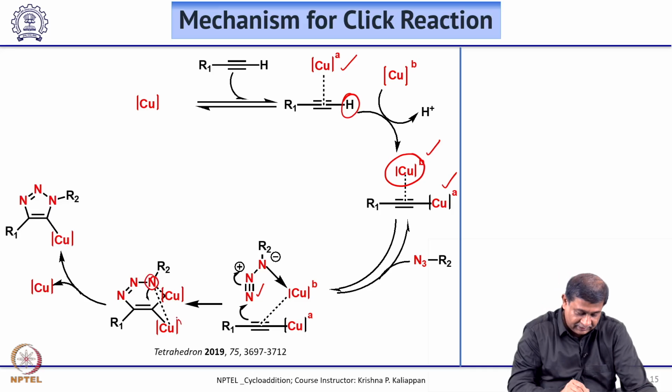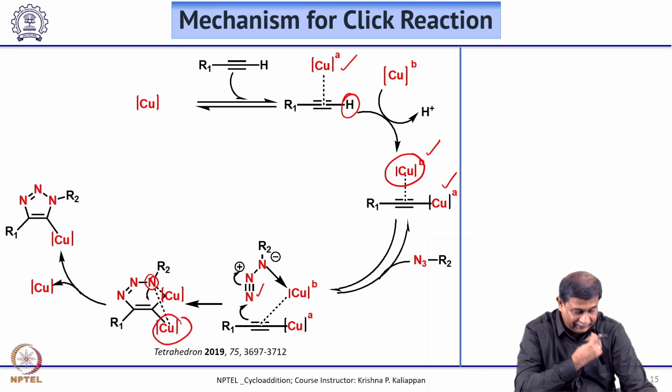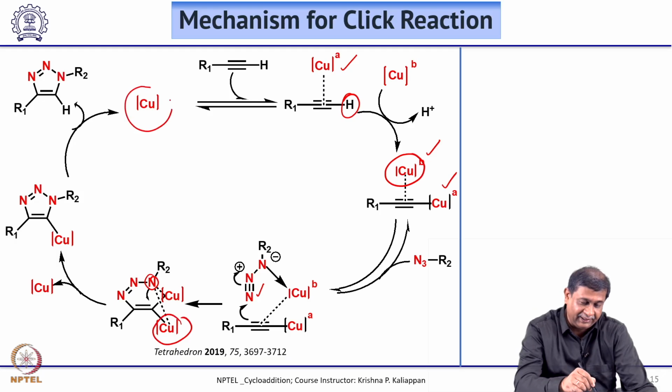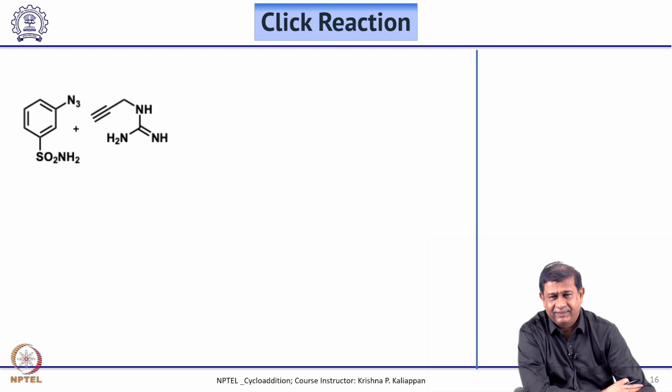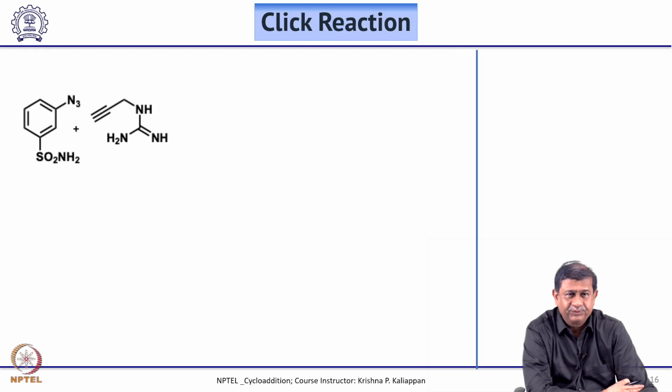So, still this copper is intact, okay, that will release the copper again and form the triazole. So, this is the well accepted mechanism for the click chemistry between terminal alkynes and azides initiated by copper 1 catalysts. Okay. So, there are several examples, we will discuss a few today.